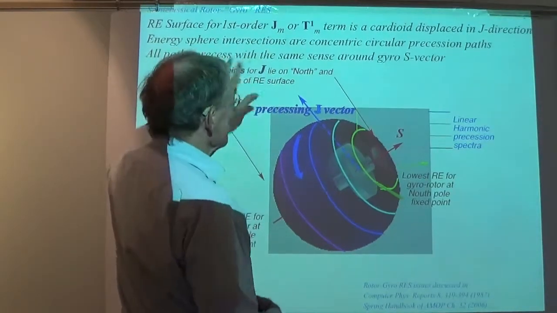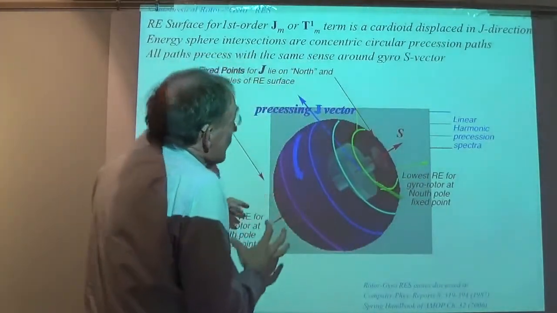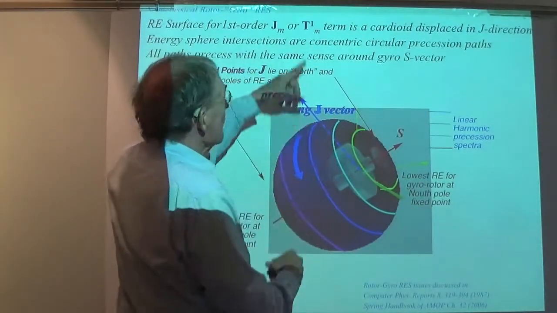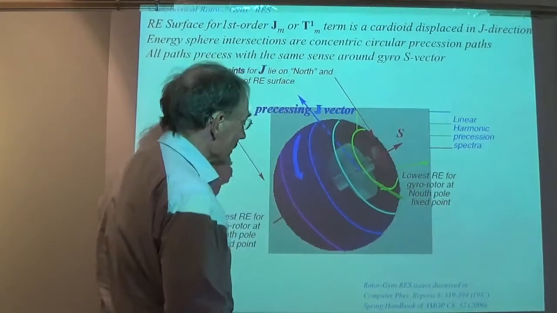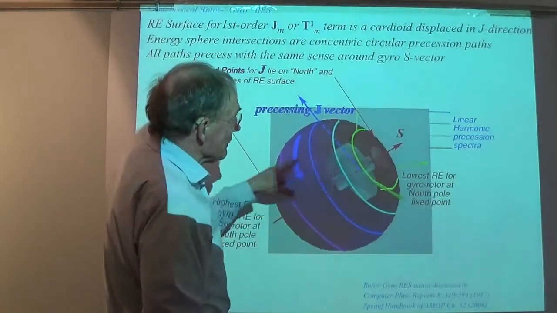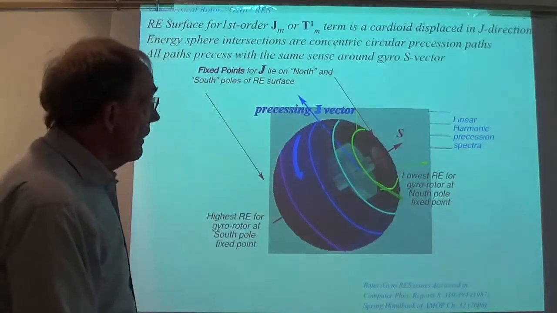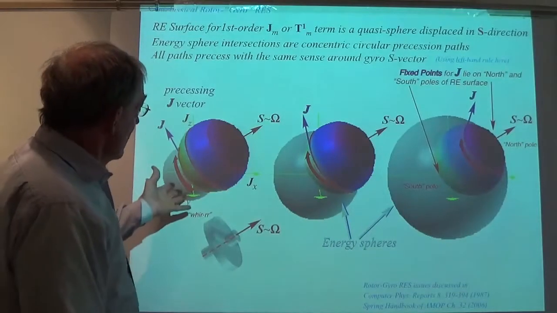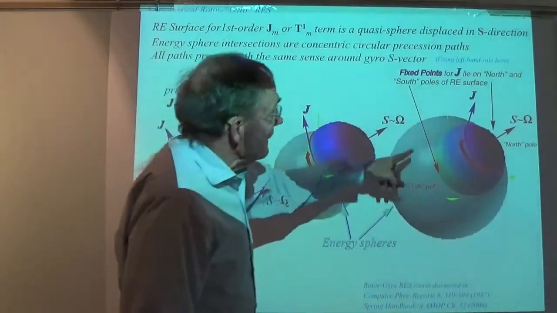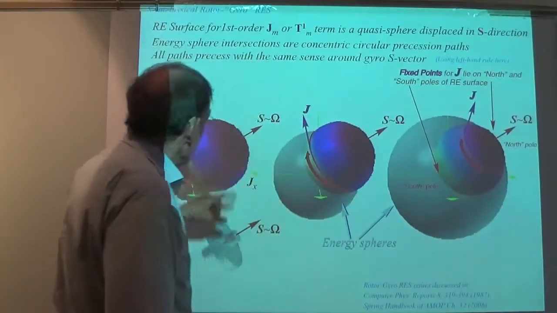And the shape of this thing is in fact a cardioid, but for small values it's a sphere that's been displaced by whatever the constant is multiplying this thing. So you basically take this thing off center, and then your topography lines correspond to different choices, just like it did in our other cases, of energy, surface, and intersection. And these are the paths, you see, that this thing's going to follow.